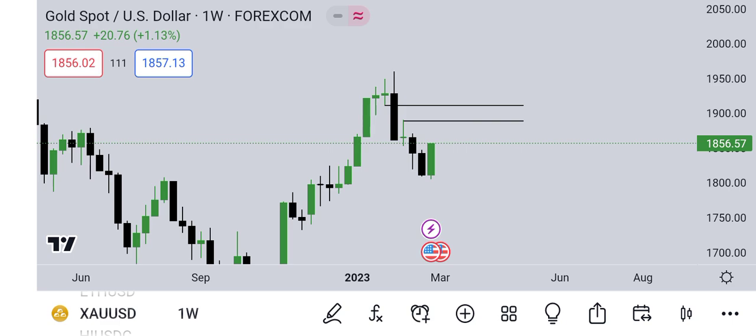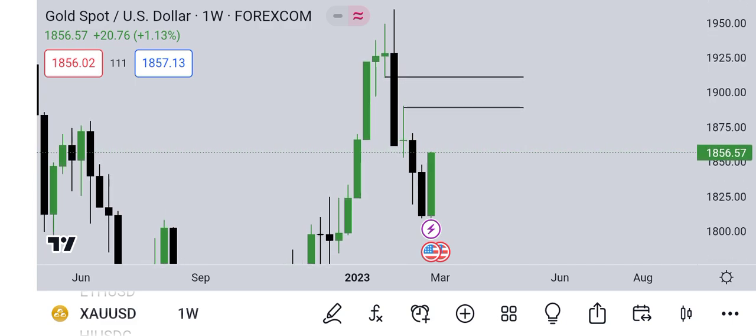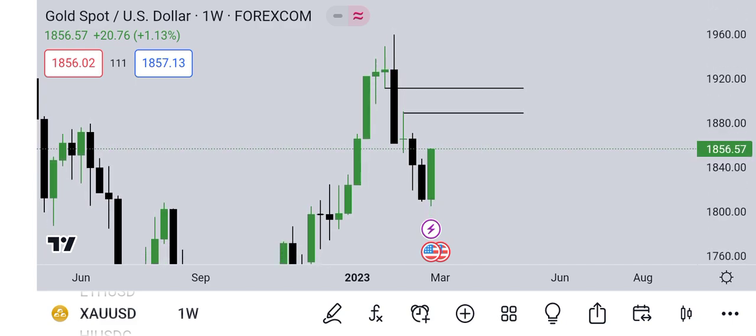So if I'm expecting the gold market to go bearish, I'll be expecting it to return from that fair value gap, to return from the inside of that fair value gap. That's where I'll be expecting the bearishness from. That's where I'll be expecting the market to sell from.